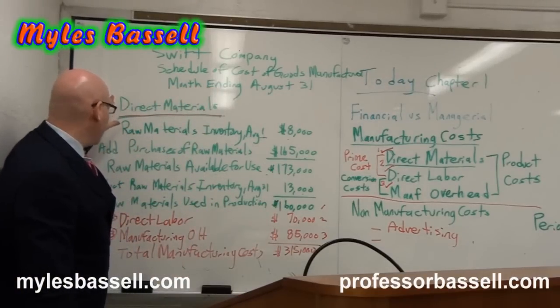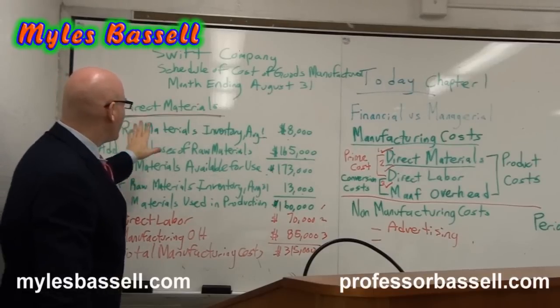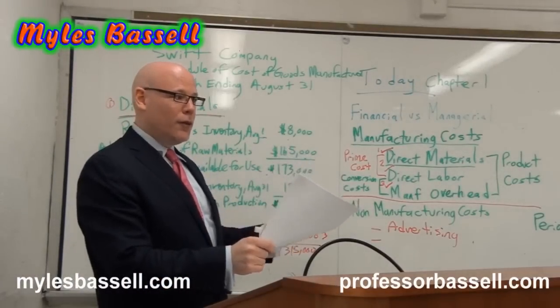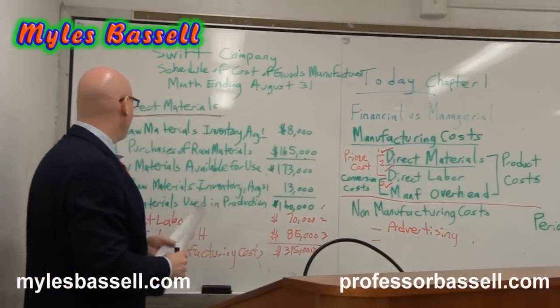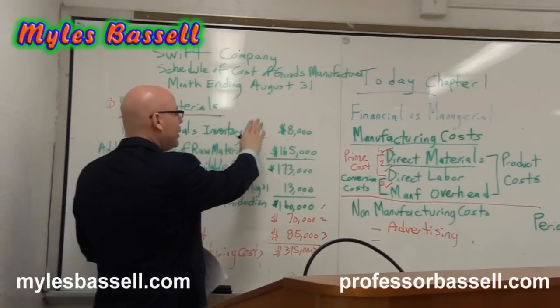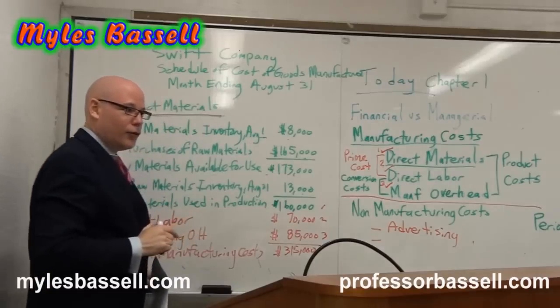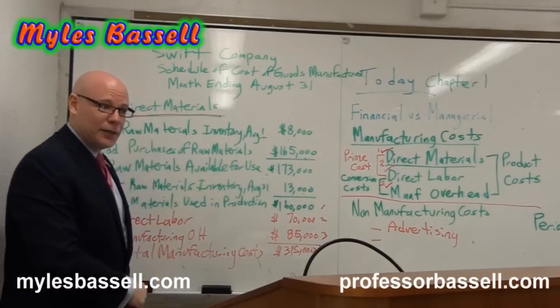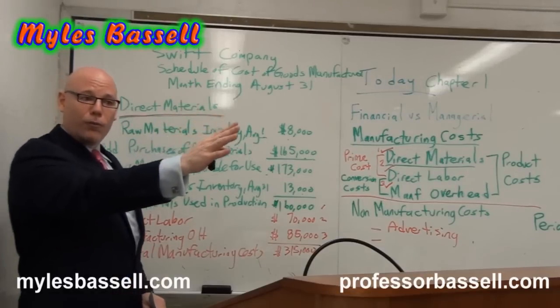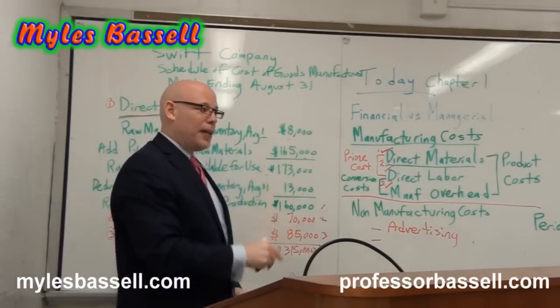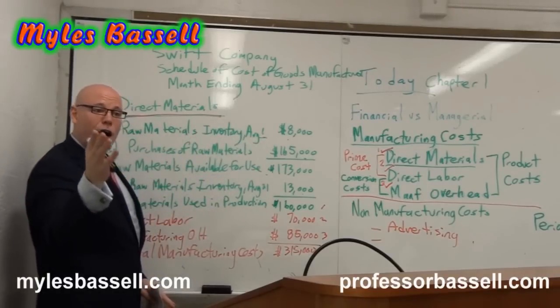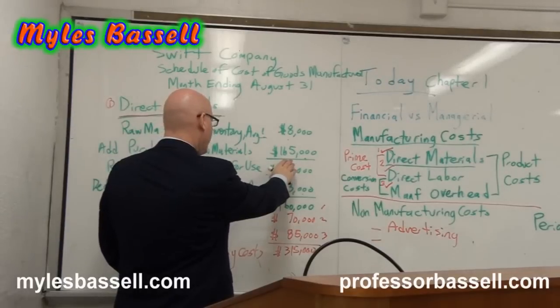So we're looking at direct materials. We start off with the $8,000. At the beginning of the month, we have $8,000 worth of plastic. So we write that down. Raw materials inventory as of August 1st is $8,000. Then we purchase more plastic. Remember I said we got that order from Walmart? We realized we don't have enough plastic on hand, so we're going to purchase raw materials. We said that we're purchasing $165,000 worth of raw materials.